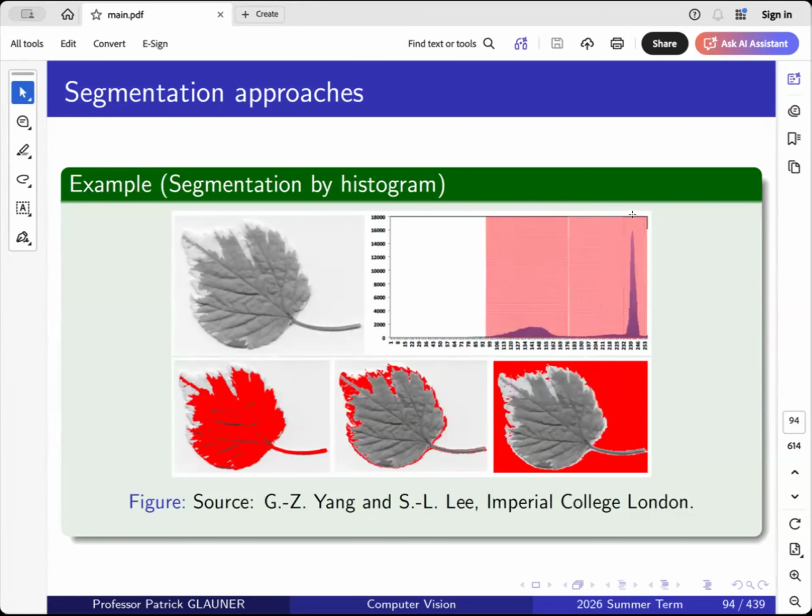And for the edge, we would need maybe something like this between, say, 180 and 240. That could be maybe the pixels which are the edge. So we can simply just calculate the histogram and then try to define ranges in the histogram and use this for segmentation.